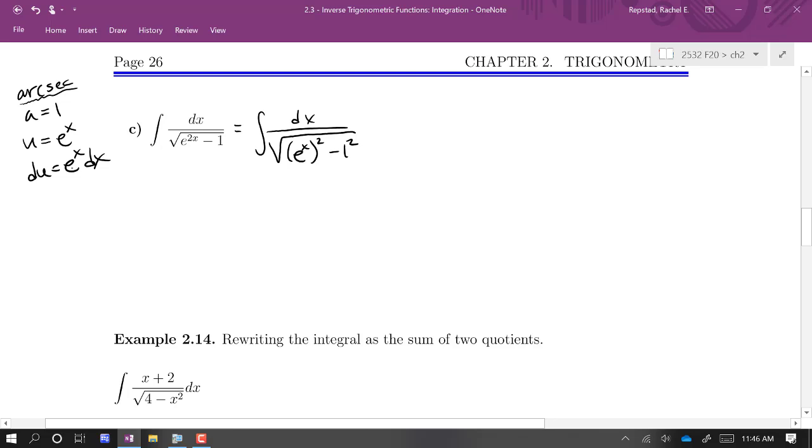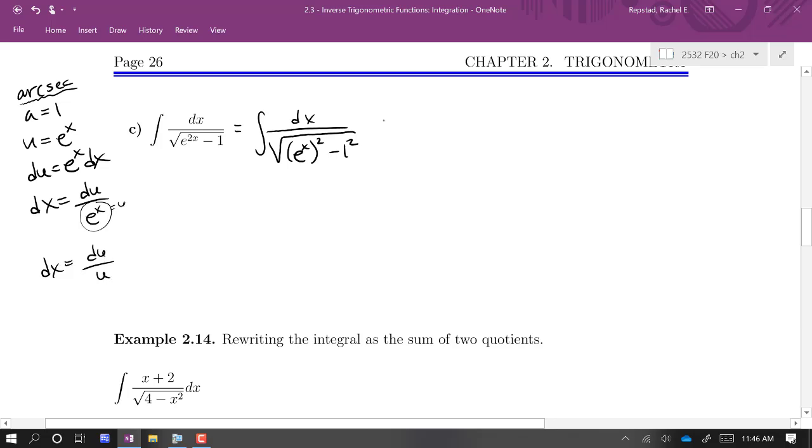Now, if du is e to the x dx, that means that dx is du over e to the x. And I'm going to do one more step here. e to the x is equal to u, so dx is equal to du over u.